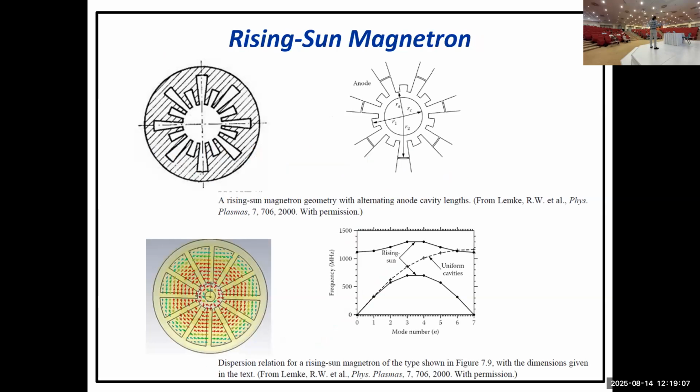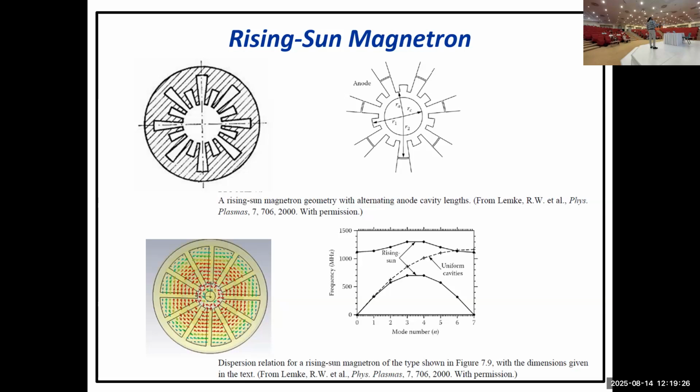Uniform cavities means all the cavities have the same dimension. Is that the dispersion curve? This is the mode number, or maybe the phase shift, or you can talk about different variations of its axis, depending on how you plot it. And this is the frequency.